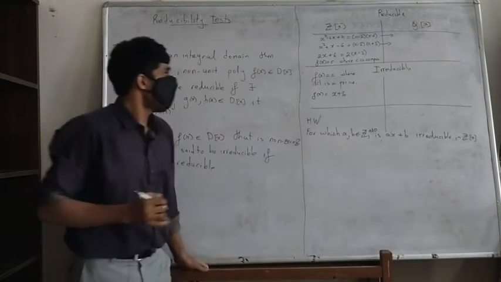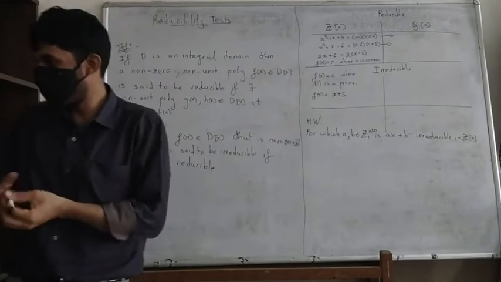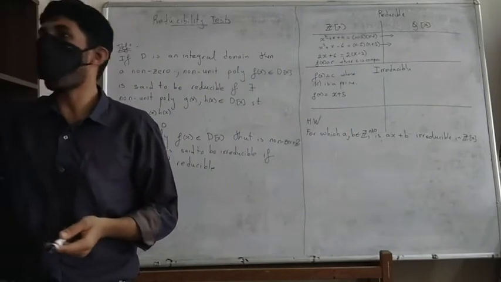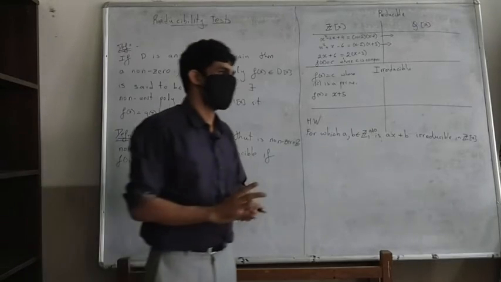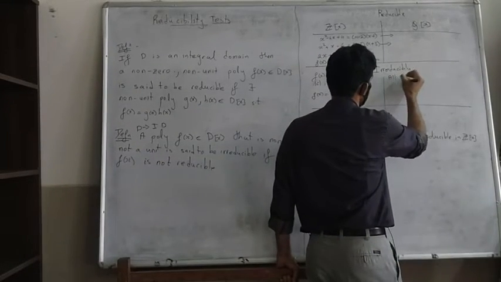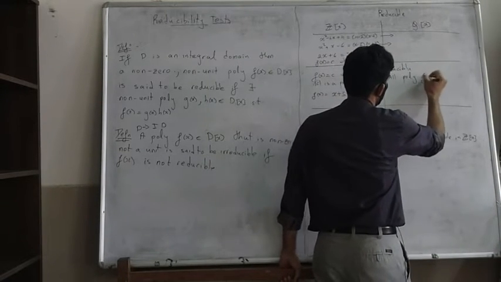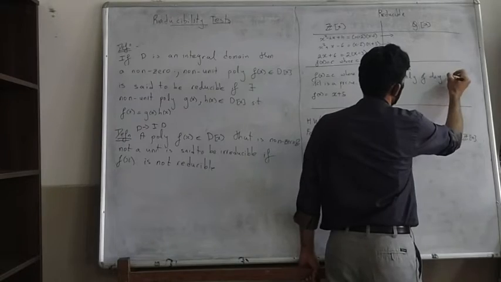Now what are some of the irreducibles in Q? Definitely we know that all linear polynomials are irreducible in Q. Why? All polynomials of degree 1.